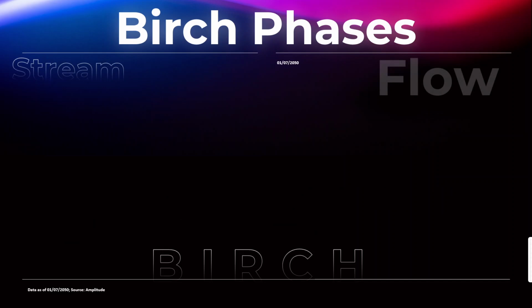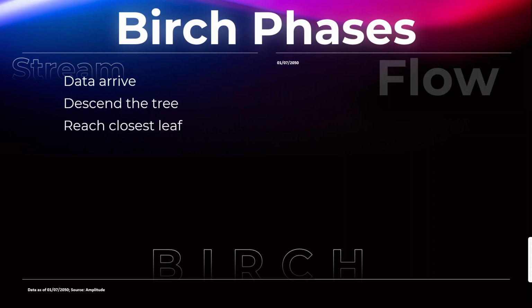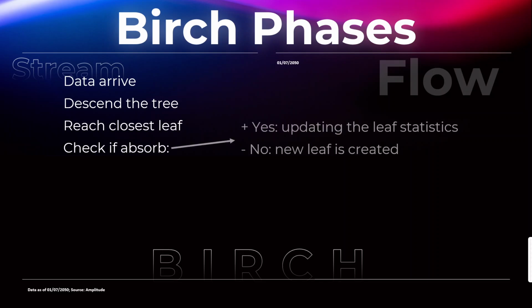There is a flow for BIRCH phases. First, as the data arrive, the tree will be descended and we reach the closest leaf. Here we check if that data can be absorbed in that leaf. If it can, we update the leaf statistics.